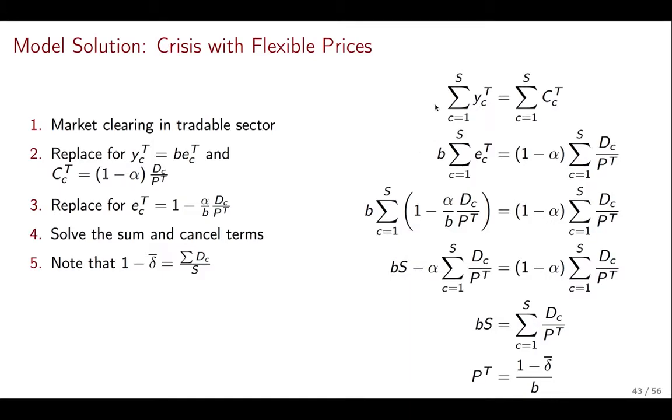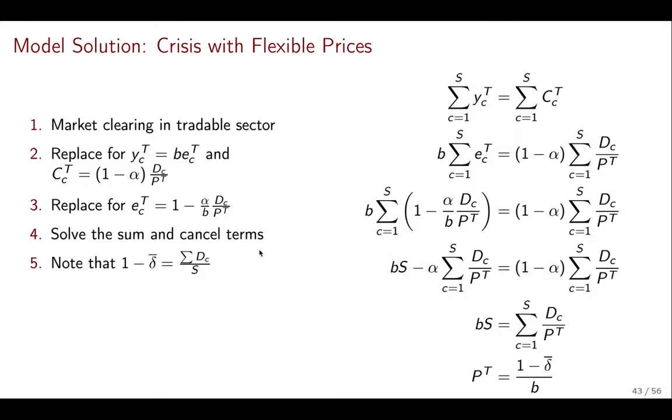We start from the market clearing in the tradable sector. Then we replace for both the supply of tradables in each county and the demand for tradables in each county. That's the second step. Now we know from our previous slide the value of the equilibrium level of employment in the tradable sector as a function of prices and the demand shock in each sector.